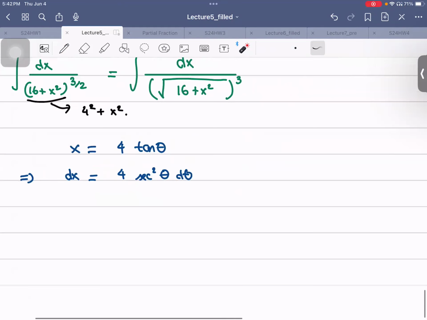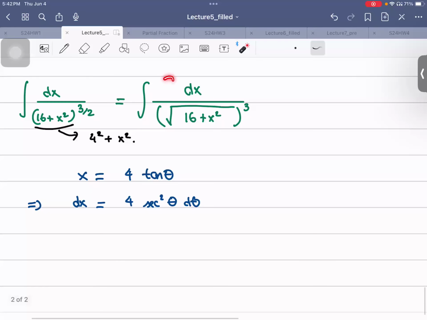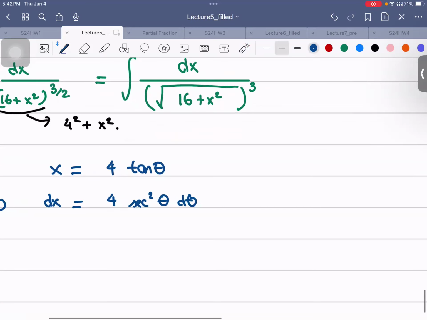Now let's try to translate the integral in terms of x into the integral in terms of theta.